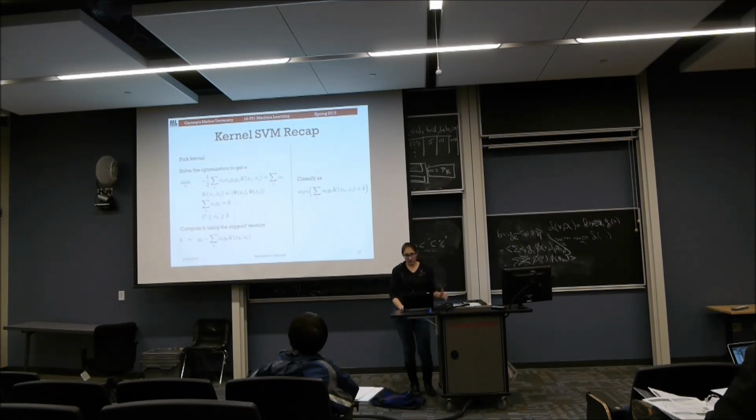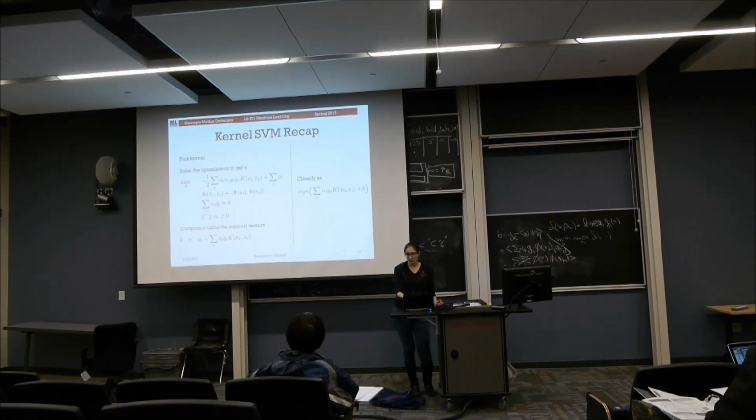So, recap for kernel SVM. We're going to pick a kernel. We're going to solve the dual optimization problem to get alpha. So we're not computing any explicit feature maps for this. We're just computing the closed form value of the kernel. And then we'll compute B using the support vectors.